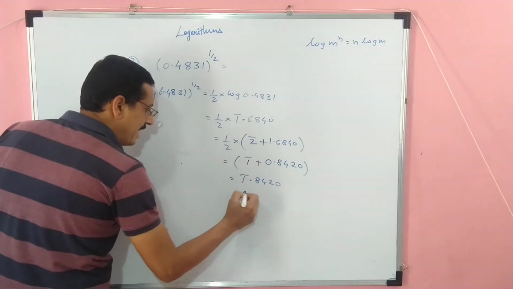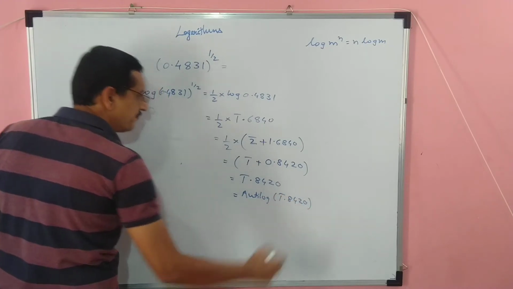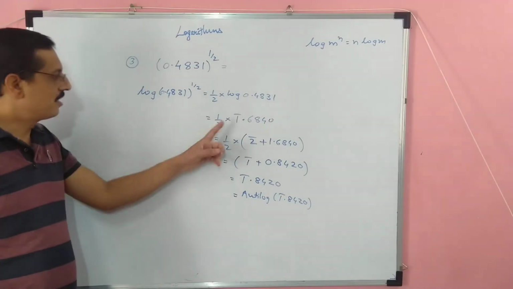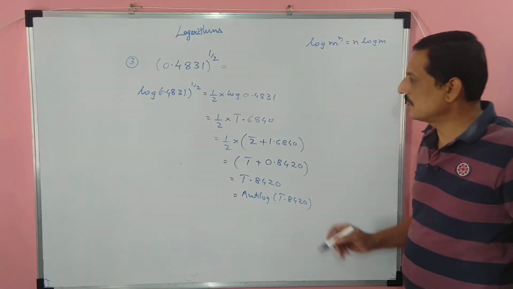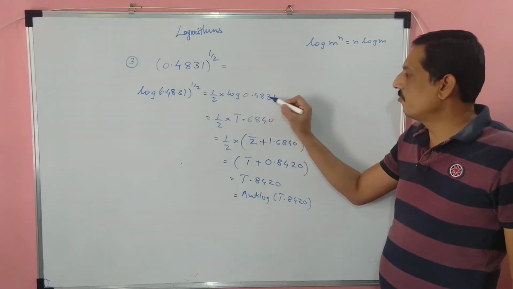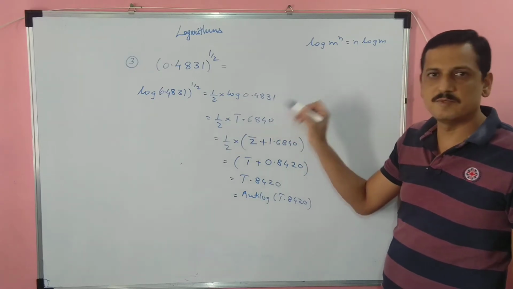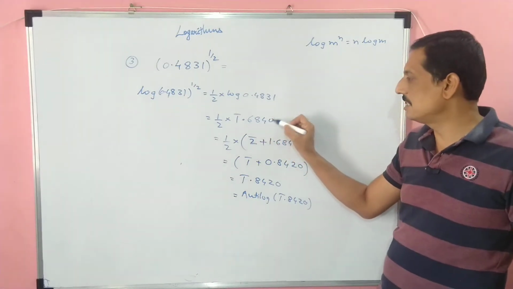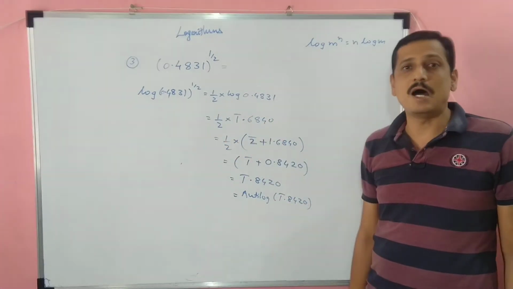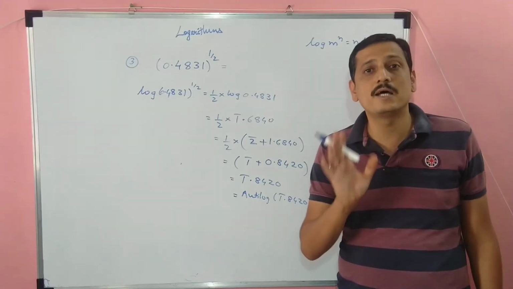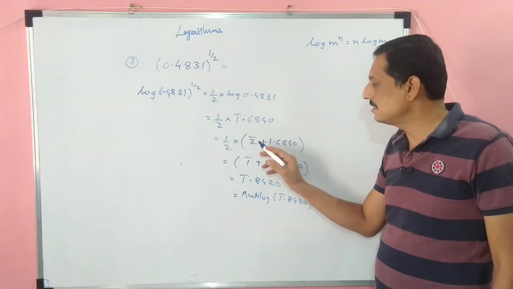So now I will say antilog of this bar 1.8420. Look again, student, if you have any doubt, it will come here, I know, student. So what I have done here is, check, 0.4831 is written as bar 1.6840. Logarithmic form of this is bar 1.6840. If I divide it directly by 2, then here it will come bar 0, and bar 0 should not come. So if bar 0 should not come, then we have to adjust this characteristic.